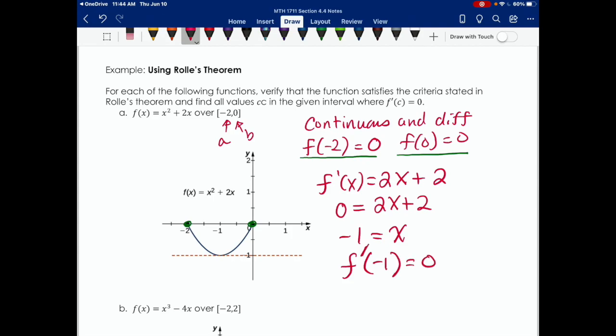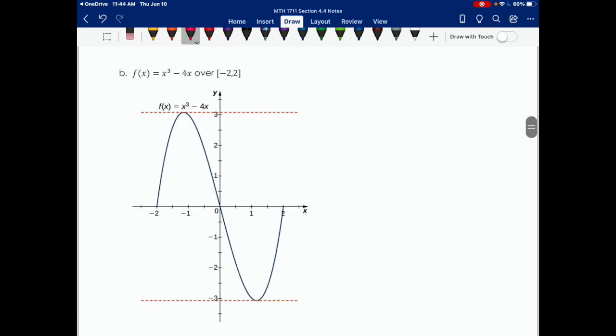So that means f prime, so the derivative at -1 is 0. And you can see when we look at the graph at x equals -1, we have a tangent line that has a slope of 0. So this works. Now let's look at the next example.